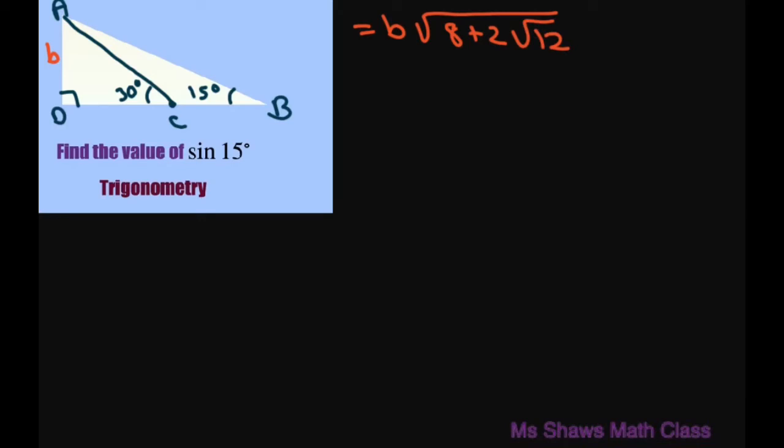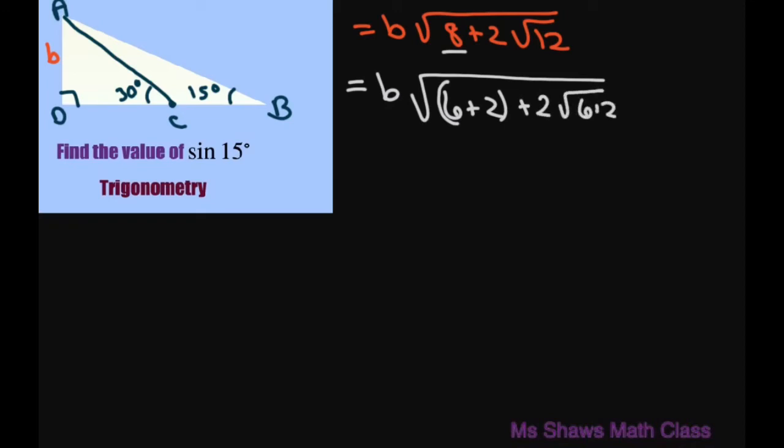Now I'm going to use my special factoring and write this as b square root, 6 plus 2, and then 2 square root of 6 times 2.